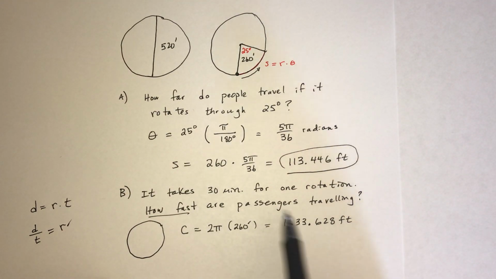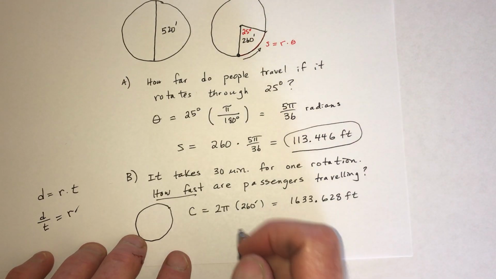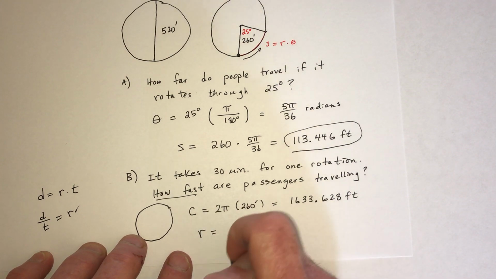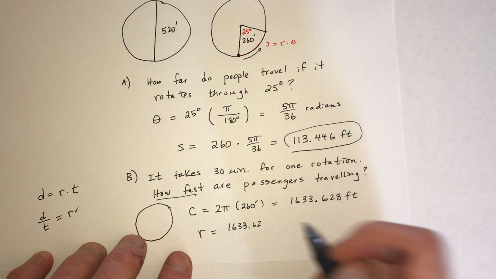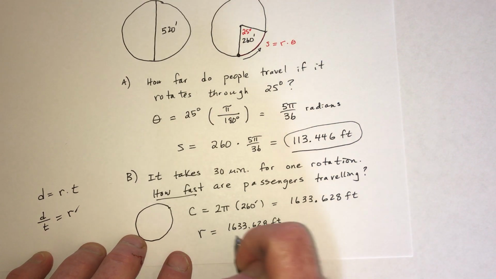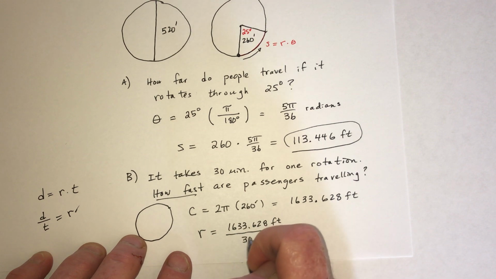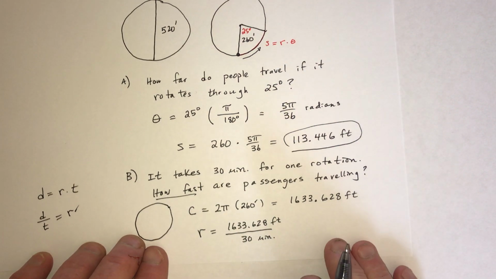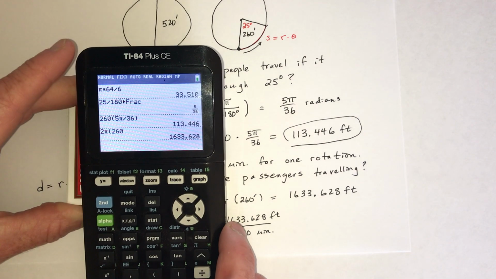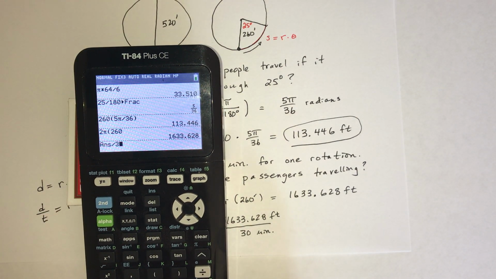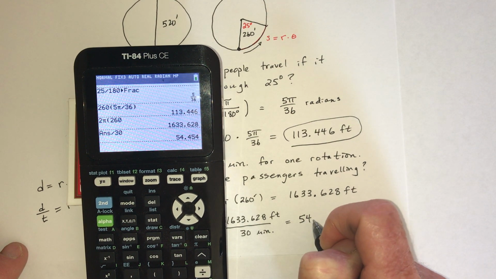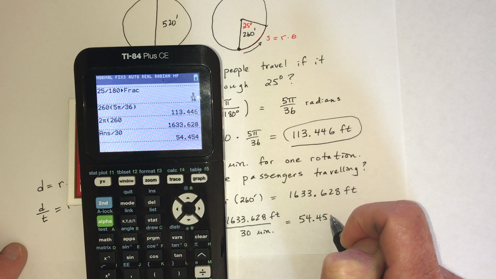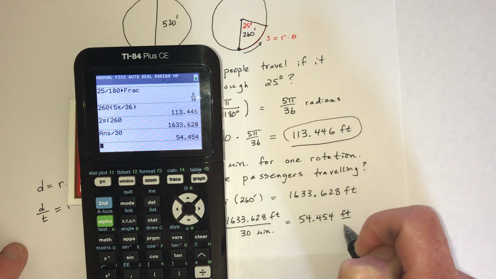So then the rate would be 1633.628 feet every 30 minutes. So I just need to take my answer and divide by 30. So they're traveling at 54.454 feet per minute.